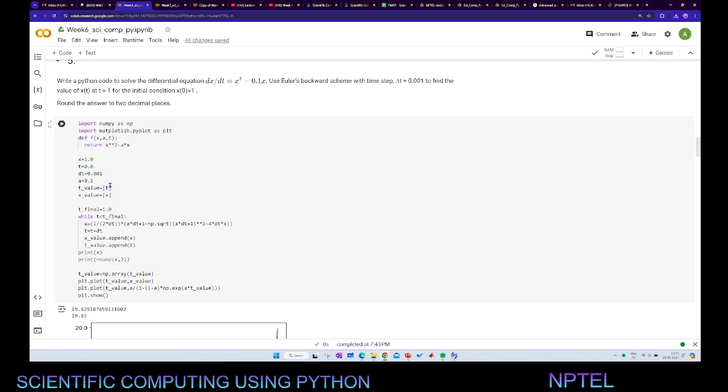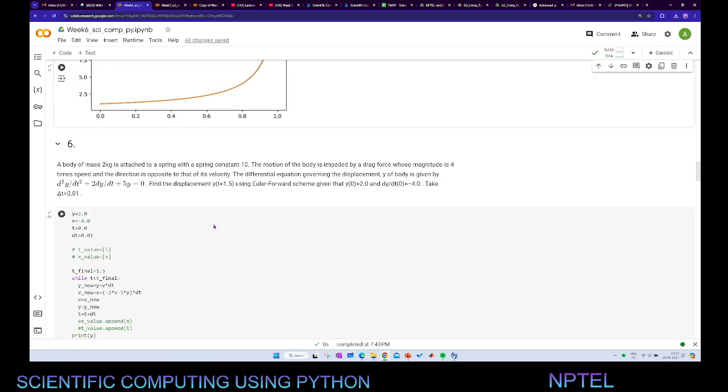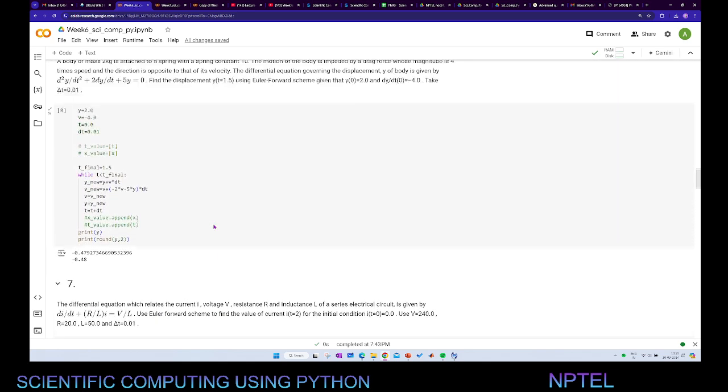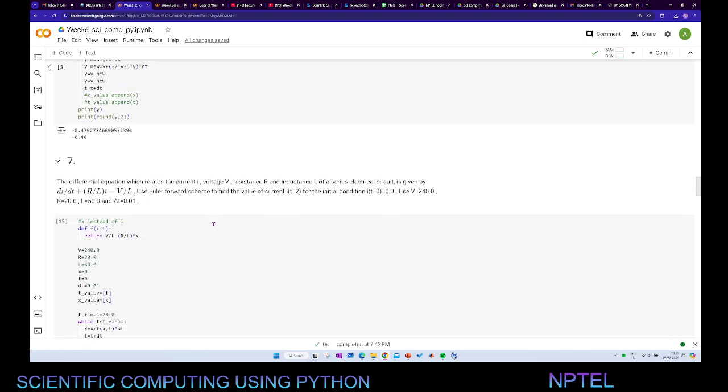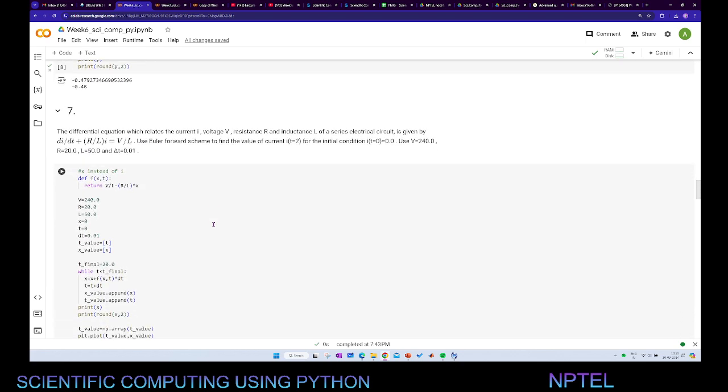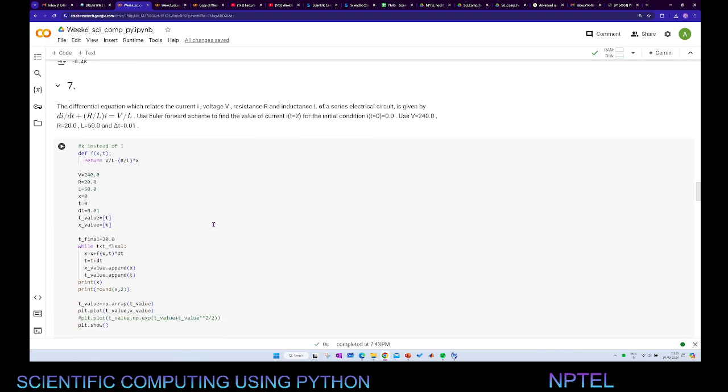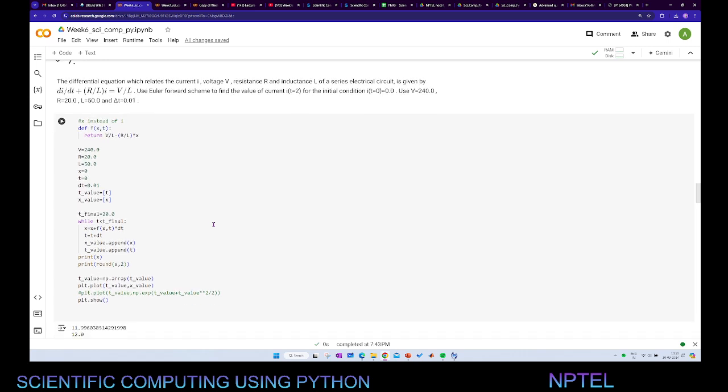Yeah, this was the Euler backward, right? So x would be replaced by this. Okay, but it's not a linear equation, so you have to theoretically calculate x n plus 1, right? Did you do it?